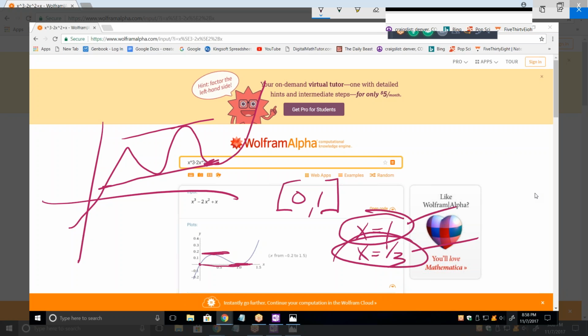That point has to exist. I would not be able to draw this function in a manner where I did not have at least one point whose slope was the same as that secant line, that average slope. And that's the mean value theorem in a nutshell.